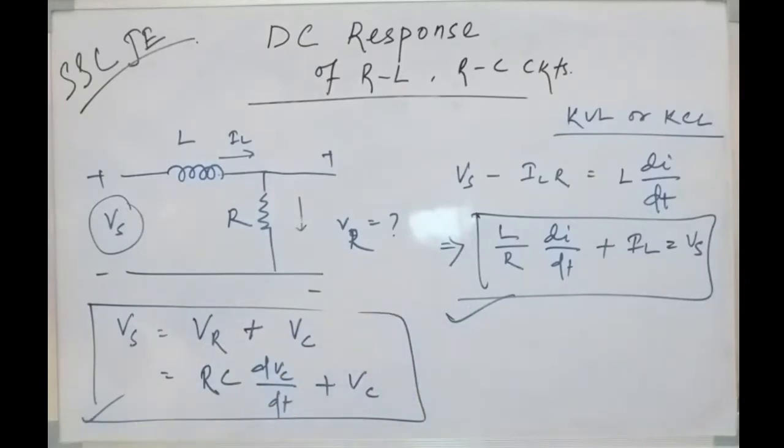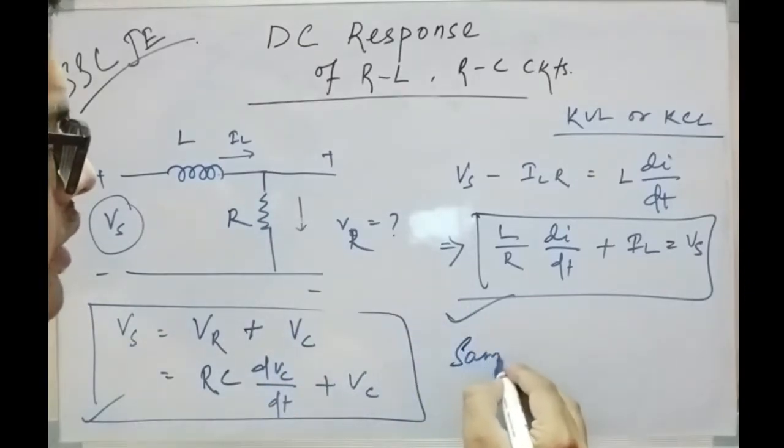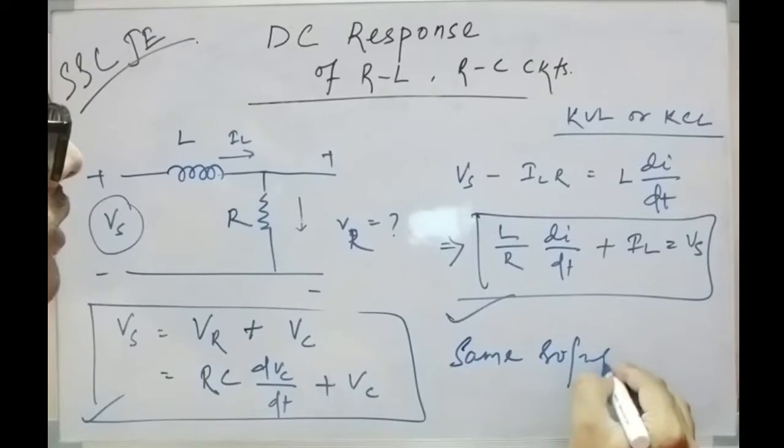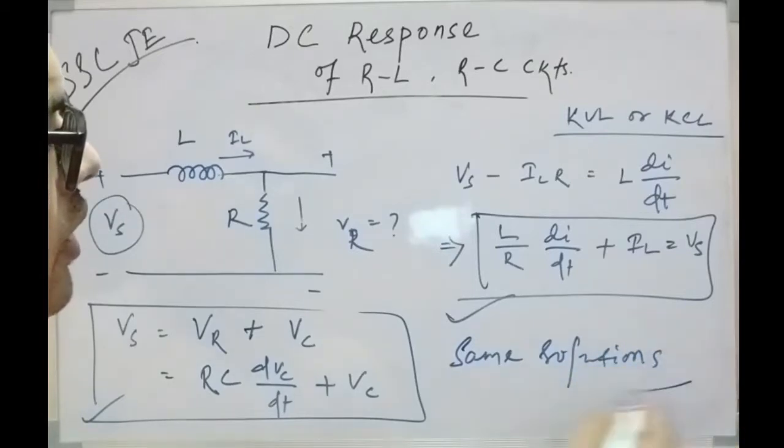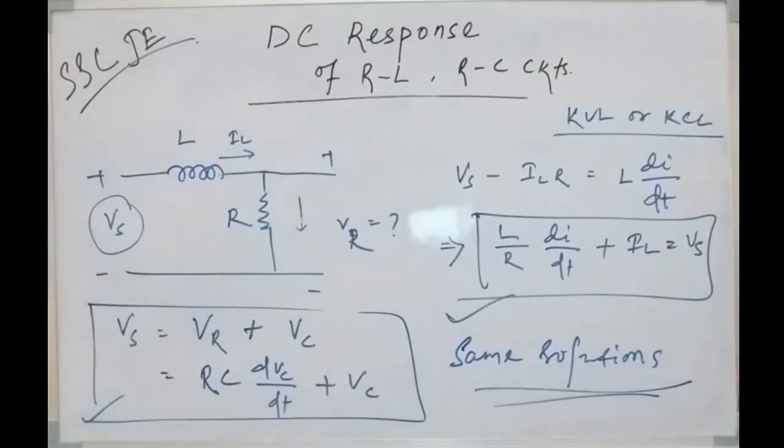So their solution will be the same, and you are going to get the same set of solutions. We are going to find only one solution, for the RC circuit, and similarly we can write the solution for the RL circuit. Fine. So let us find the solution.